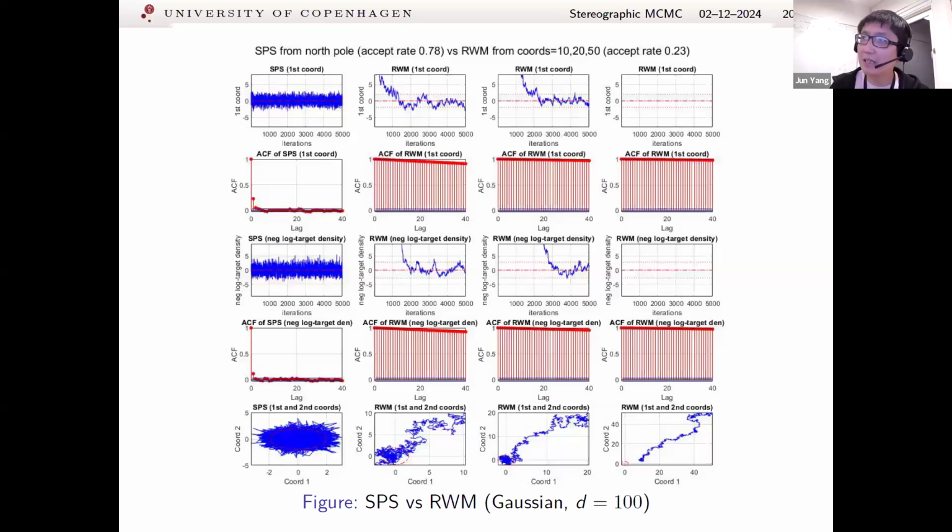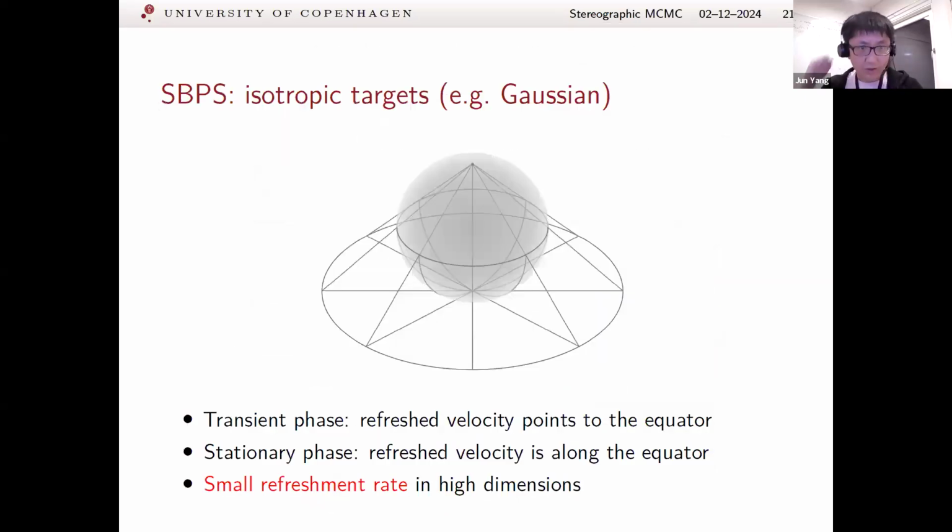So let's look at the second algorithm, which is the Bouncy Particle Sampler version. I can use a similar argument, right? I just need to argue this. Once you have a refreshment event, it actually helps the particle move to the equator, because the concentration region of the target is already mapped to the equator.